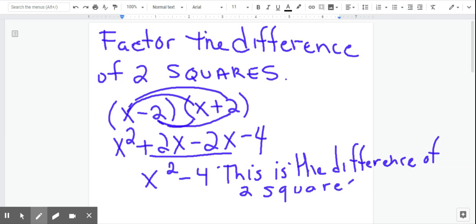So now in factoring, we work backwards. They're going to give you the difference of two squares, and you have to determine what they multiplied to get that answer.